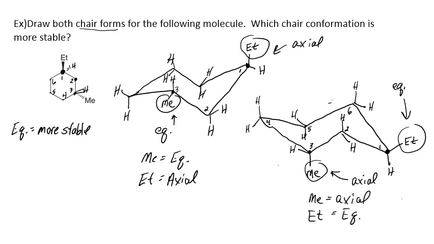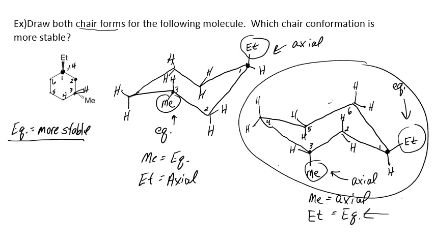So we have to look at both situations and figure out which chair version is more stable. Well, because equatorial is more stable, I want to put the largest group in the equatorial position. And that's this chair version here, with my ethyl being larger than methyl in the equatorial position. So this is your most stable chair.